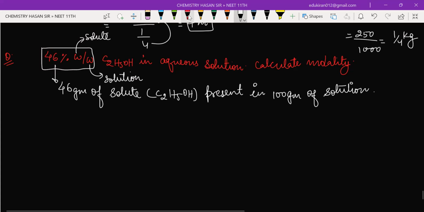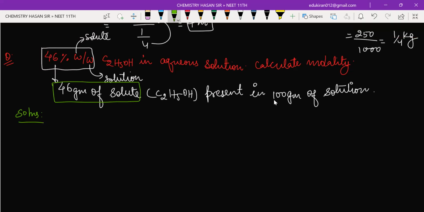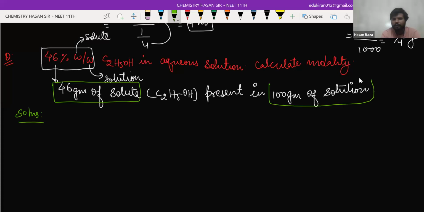Okay, let's see. I'm going to explain my answer. Very good, Rishita. So you can see solute mass is given, and here you can see mass of solution is given.